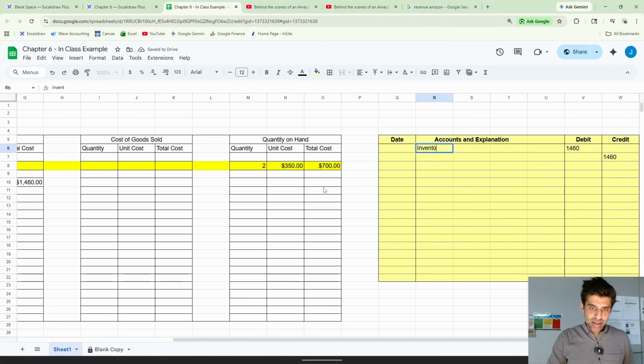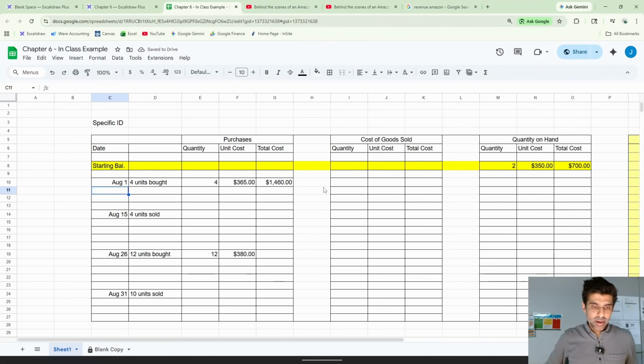This is a purchase transaction. The costing method is not factoring in here. The costing method only has to do with calculating cost of goods sold. The purchase transaction is straightforward. We just see how many units we bought and what the unit cost is, and that's what we're adding to inventory. And we can just do accounts payable, however we paid for it.